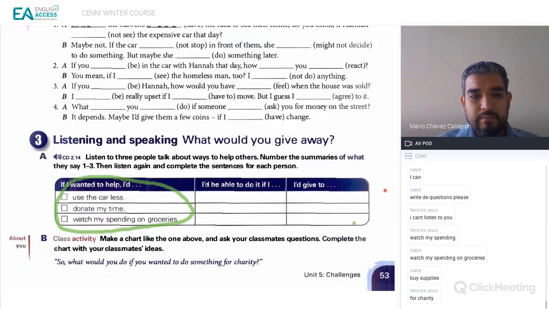Any other idea besides charity? It's not for charity, it's for something else.